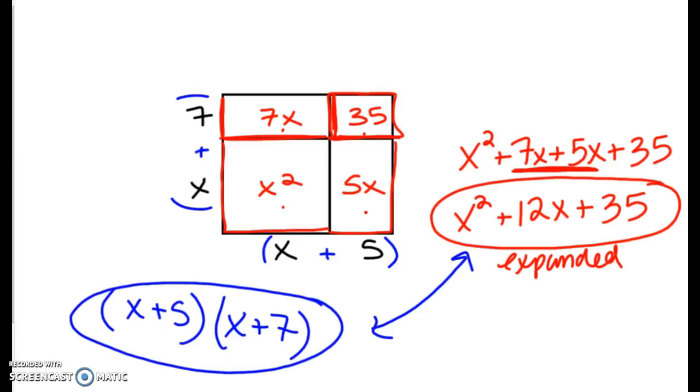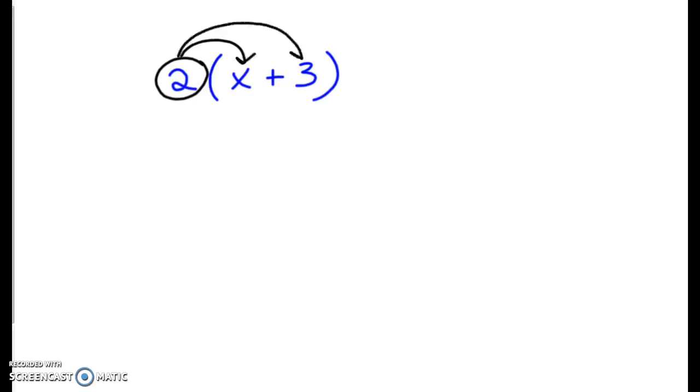All right, so let's say we do not have a rectangle. Let's go through an example where we are just given, let's say, 2 times x plus 3. We'll start with that one. Now, if you look back to our definition on distributive property, what that says is we take this outside term and we multiply it by everything on the inside. So we take 2 times x, we get 2x.